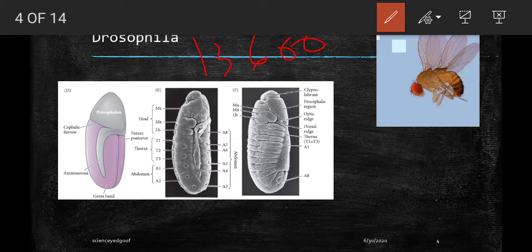If you take the Drosophila larva, it is patterned with two distinct independent axes, the anterior-posterior and the dorsoventral axis.